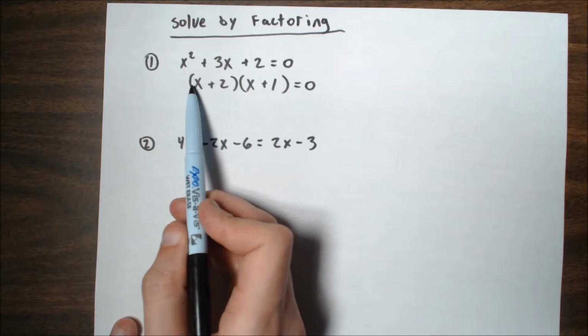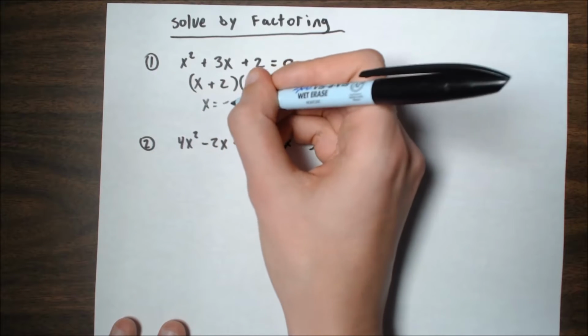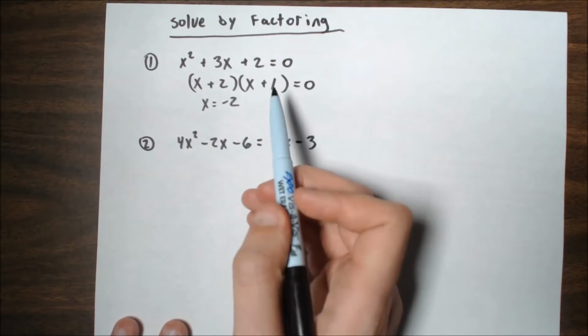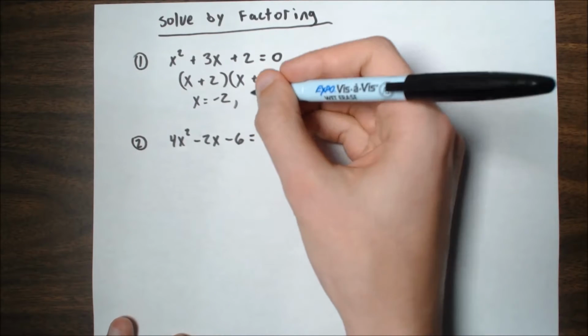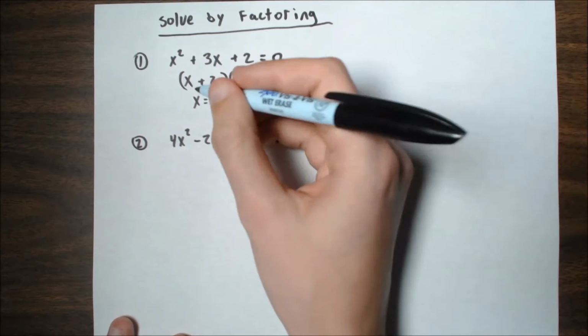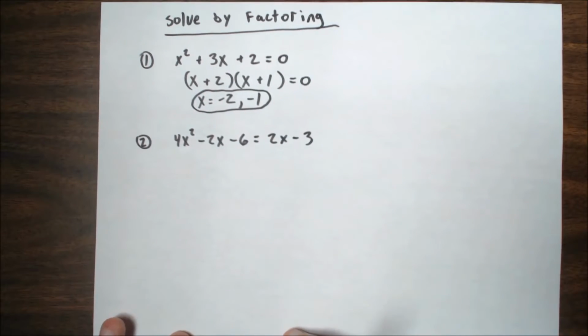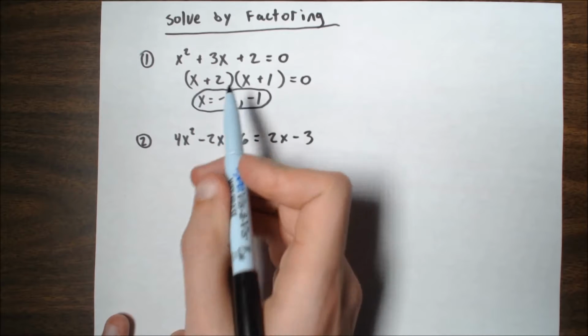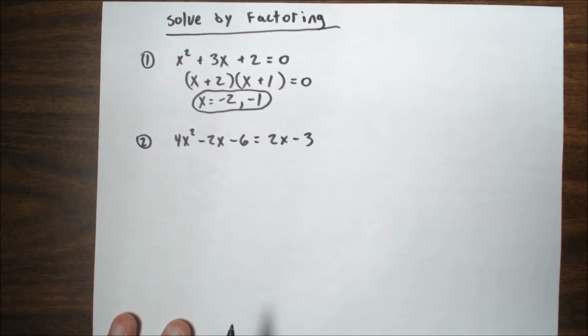If I were to plug in a negative 2 right here, I'd get 0. So x could be negative 2. Or if I were to plug in a negative 1 right here, I would get 0. And so x could be negative 1. And so those are my solutions. There's two solutions to this quadratic, negative 2 and negative 1. It's whatever you would plug in to get 0.